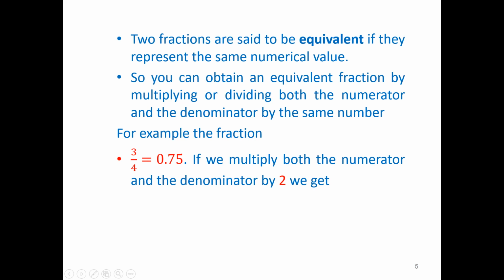Now, let's multiply both the numerator and denominator by the number 2. If we multiply 3 by 2, we will get 6. If we multiply 4 by 2, we will get 8. Still, 6 divided by 8 is 0.75, the same value as 3/4.